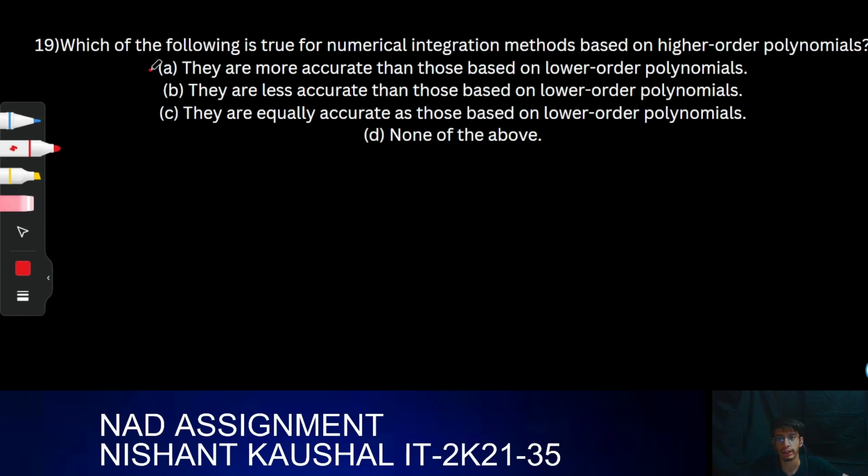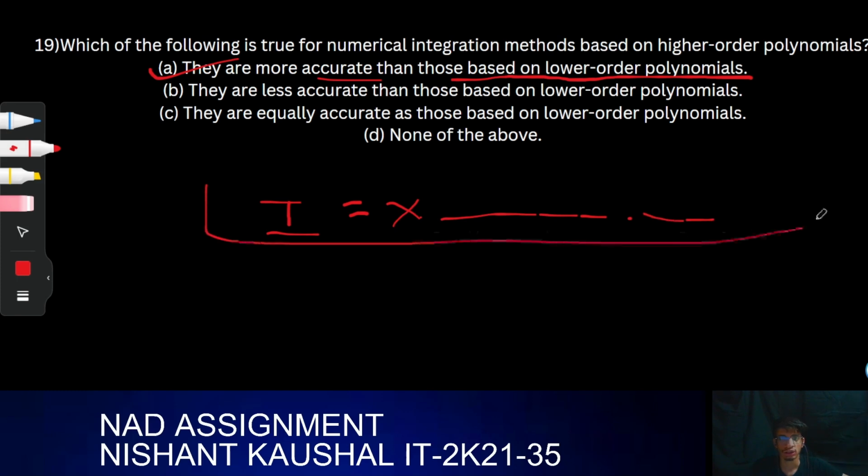So it should be A. They are more accurate than those based on a lower order polynomial, because in lower order polynomial the calculation is easier, but we cannot find the more accurate answer. So it should be A.